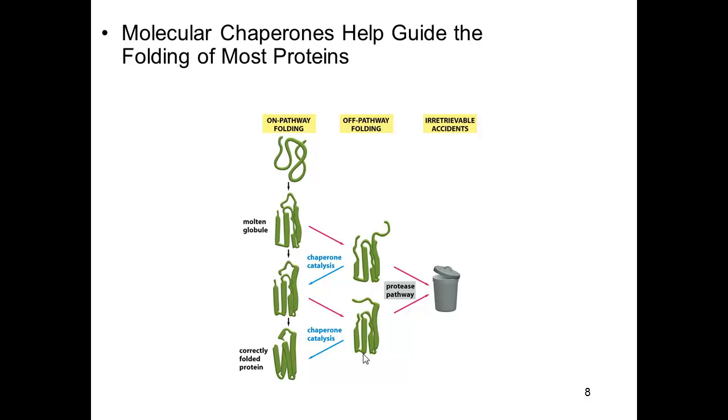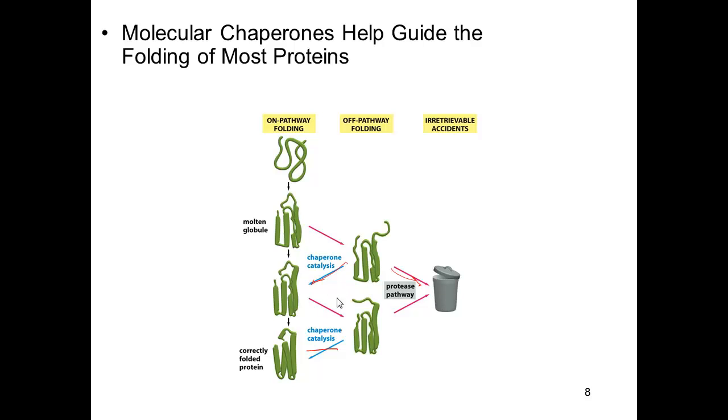A class of proteins called chaperones play large roles in the folding of many proteins and the correction of incorrectly folded proteins. When a protein is folded incorrectly, it will interact with a chaperone, which will then attempt to refold it, or it can also send it for degradation to the proteasome, which we'll see.